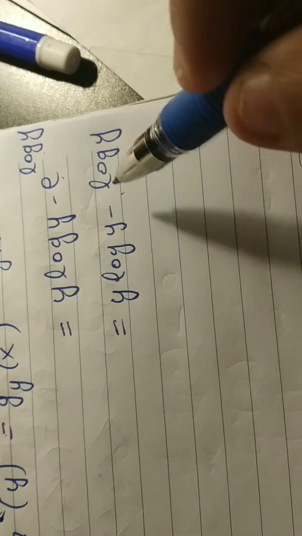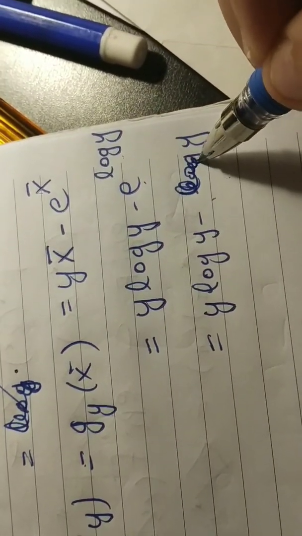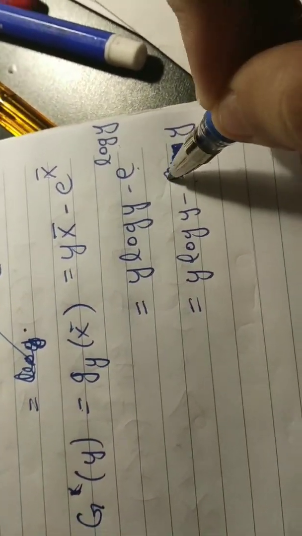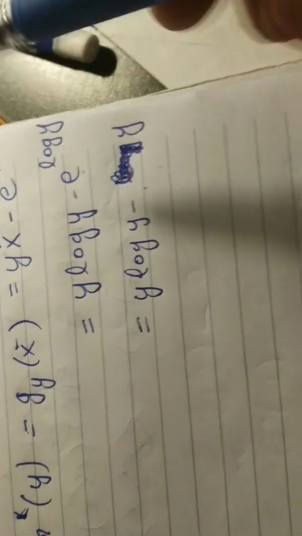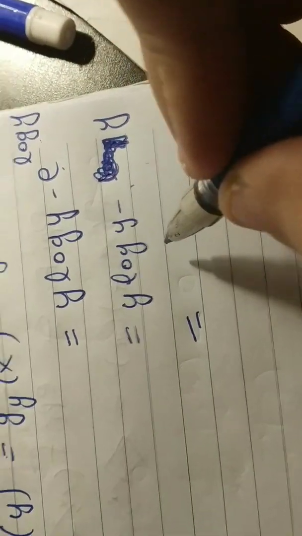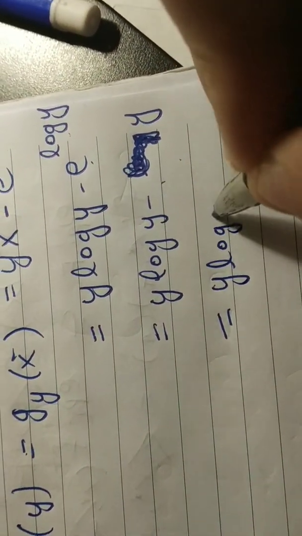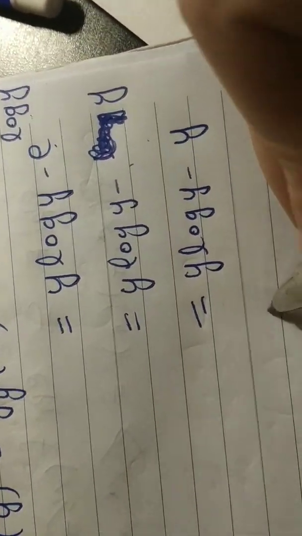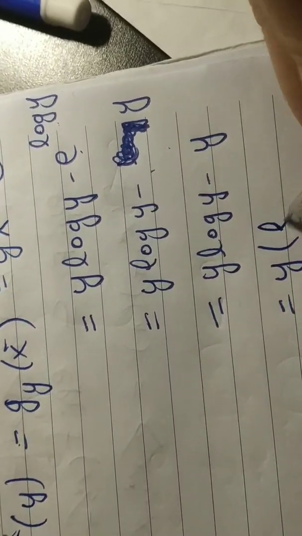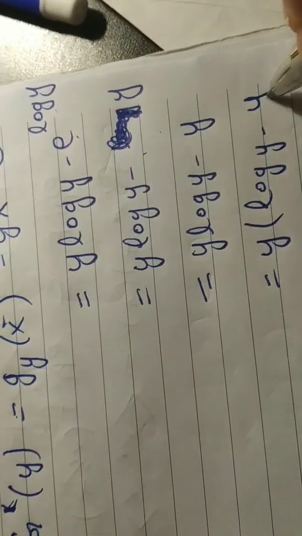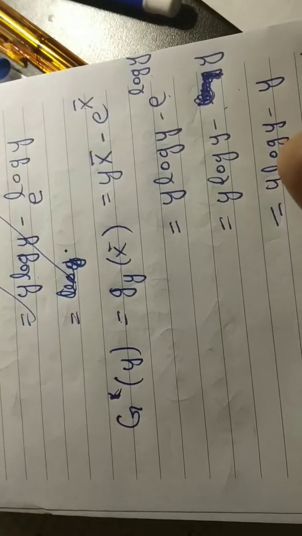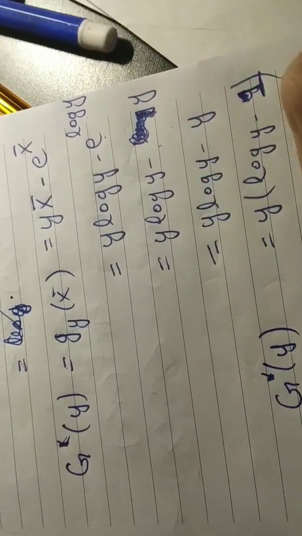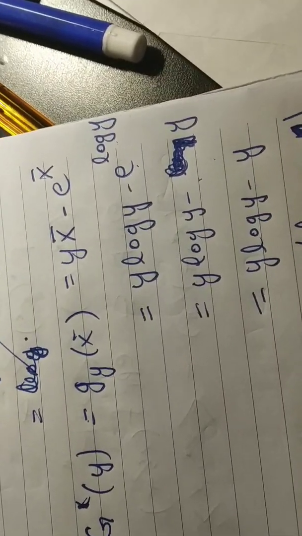Then we get y log y minus y, and taking y as common, we get y(log y minus 1). Now we get g conjugate y equal to this when y is greater than 0.